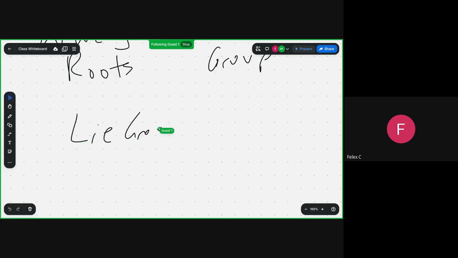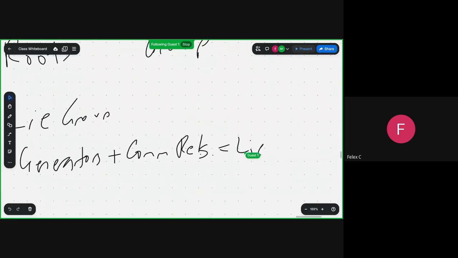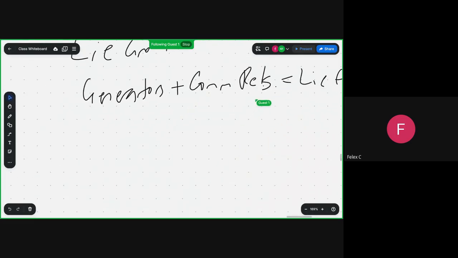Now the maximal commuting subset of this Lie algebra is called a Cartan Sub-Algebra after Eli Cartan.